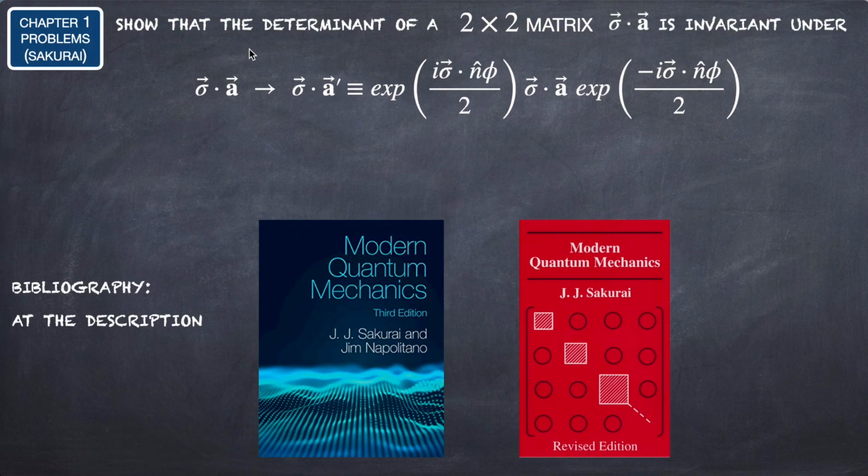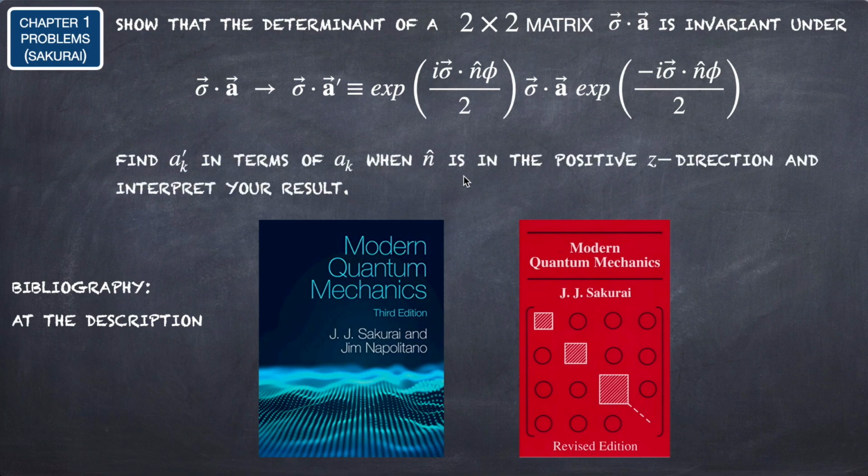We need to show that the determinant of a 2x2 matrix, sigma·A, is invariant under this transformation. You have sigma·A here and then sigma·A prime, which is a product of all these matrices: sigma·A, and then this exponential with a positive sign and this one with a negative sign.